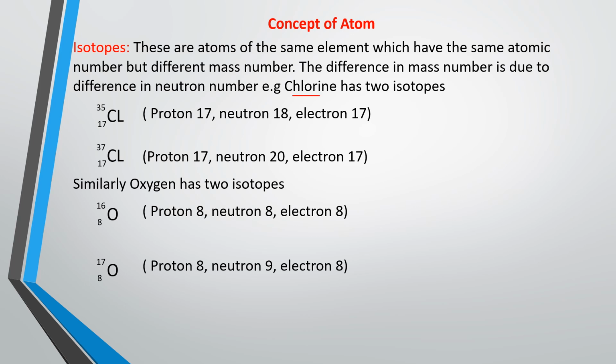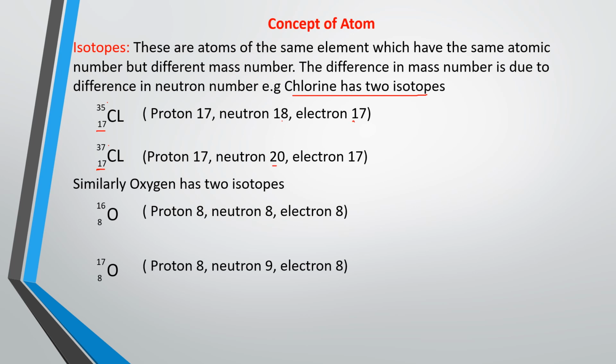Chlorine has 2 isotopes: isotope 35 and isotope 37. They have the same atomic number but different mass number, which means that their neutron number is different. One has 18 neutrons and the other has 20 neutrons.